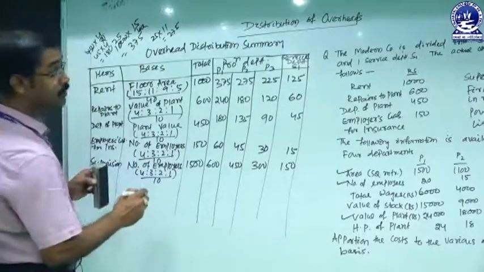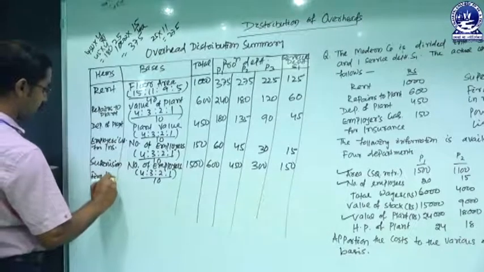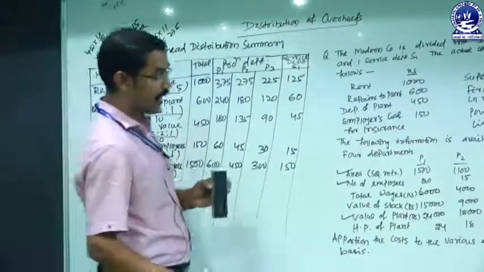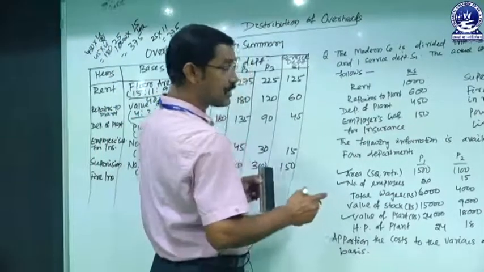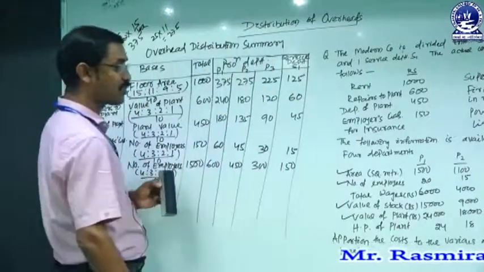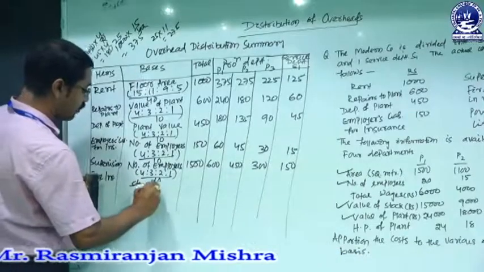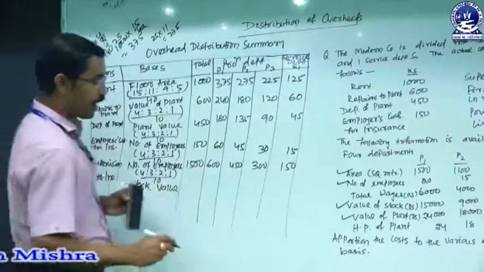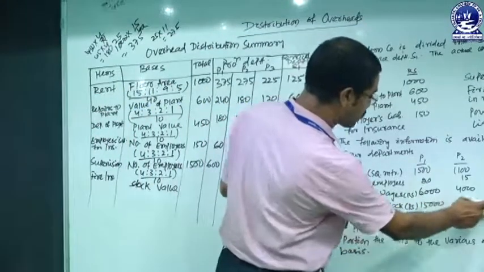Then the next one is fire insurance in respect of a stock. Relating to that fire insurance, we will take the most appropriate basis, as it is insurance in respect of a stock. So we will take into consideration the value of a stock as the most suitable base, and the ratio is 15:9:6.